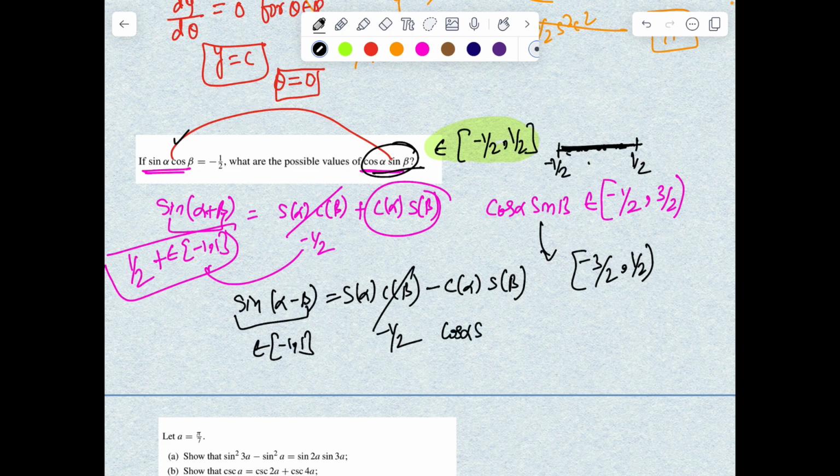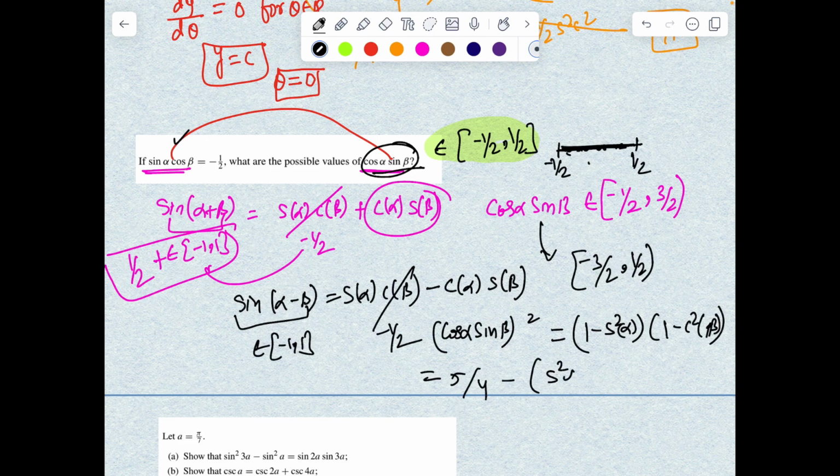For example, if we take cos alpha sin beta whole square, this is 1 minus sin square alpha into 1 minus cos square beta. We can do it like this. And then you can write it as 5/4 minus sin square alpha plus cos square beta. This can be written as 5/4 minus sin alpha plus cos beta whole square plus 2 sin alpha cos beta.